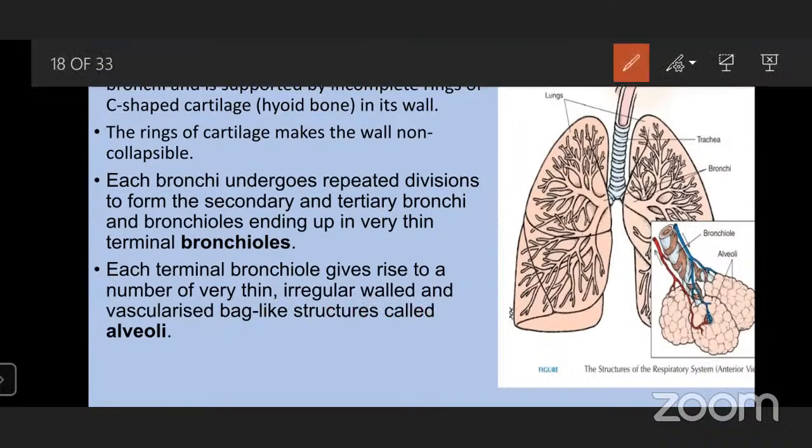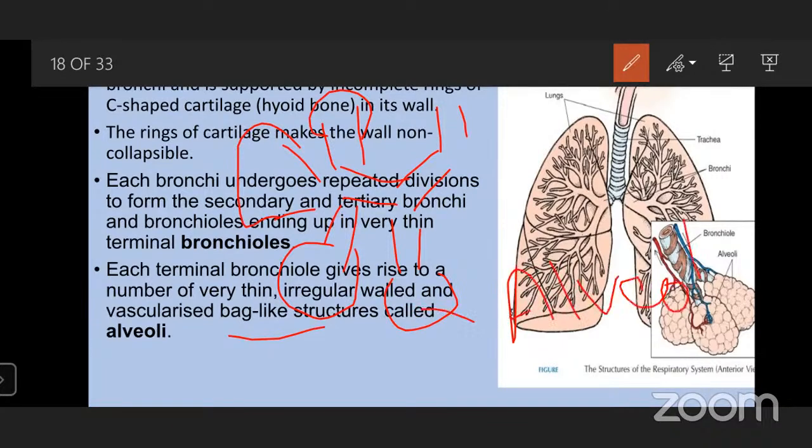So the terminal bronchioles will end up into sac-like structures. These sac-like or bag-like structures are irregular walled and very thin. These are known as alveoli.